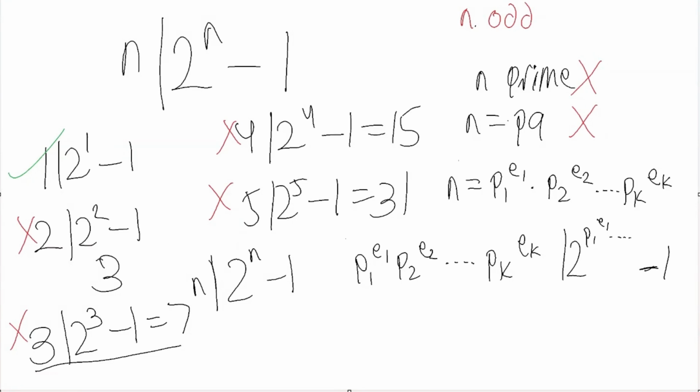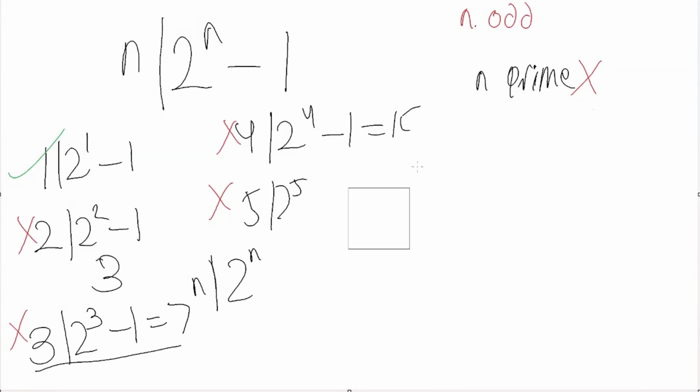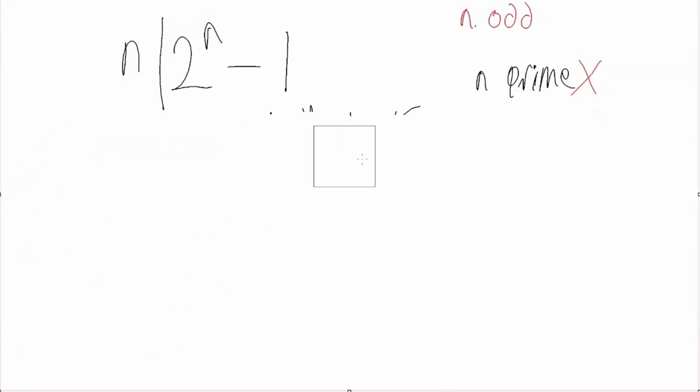And as earlier, we can try looking at each one of these building blocks individually. So let's go ahead and try looking at p1 first. I'm going to clear up this entire board because a lot of this is not necessary. Let's consider p1.